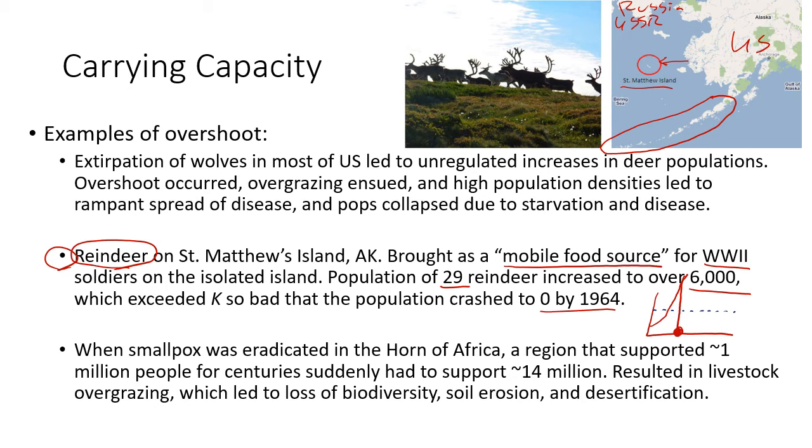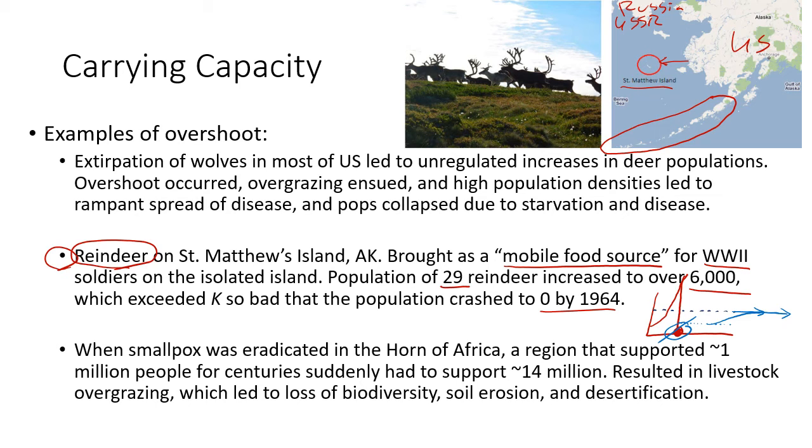Okay, that did degrade the habitat, so carrying capacity rather than being at 200 would then be around, let's say, 50, because there's just not enough plant matter that survives. But then eventually that plant matter does return. So the island has recovered, but the caribou population is going to remain at 0. Okay, let's look at another example.